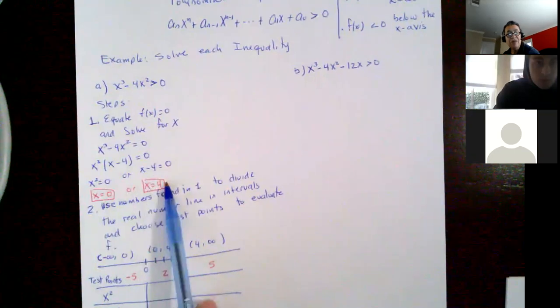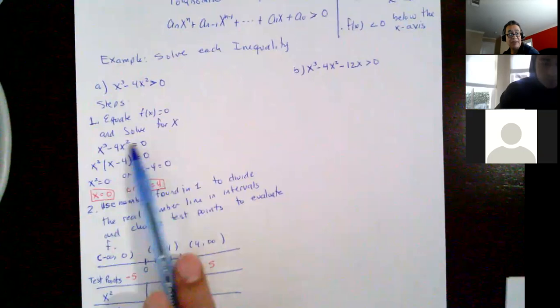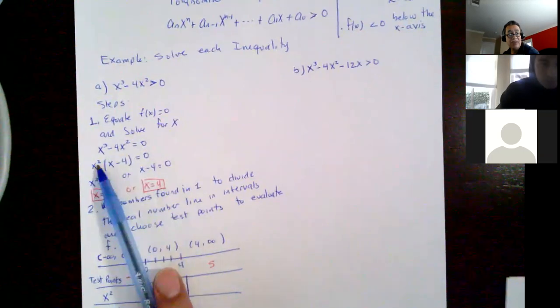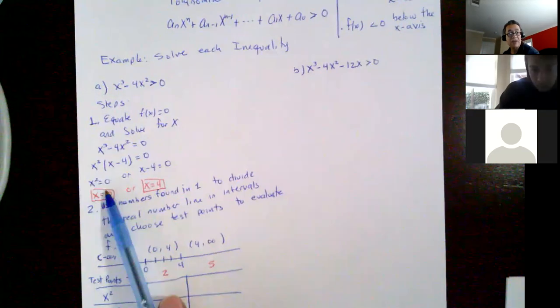By the way, if we wanted to graph this equation, remember multiplicity. At 0 the multiplicity is even, so the graph does not cross the x-axis; it only touches the x-axis and goes back.